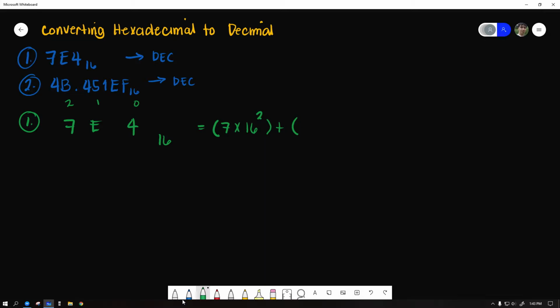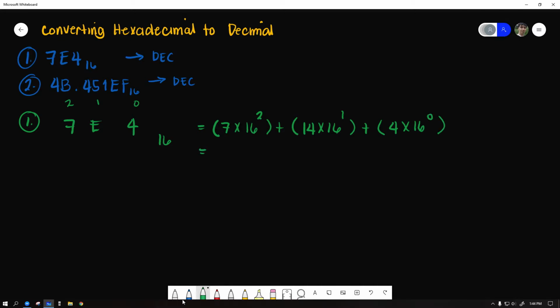So what is e? That is 14 times 16, the weight of 16 here is 1. And then you have the last number, 4 times 16, and the exponent of 16 there is 0.